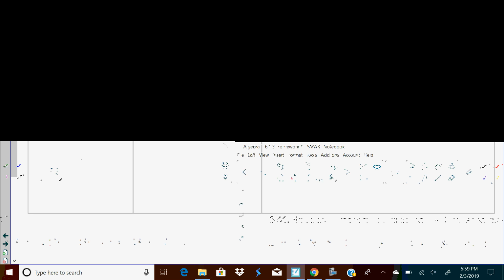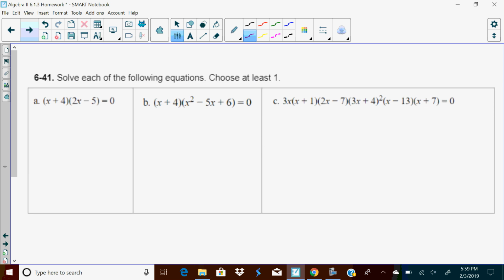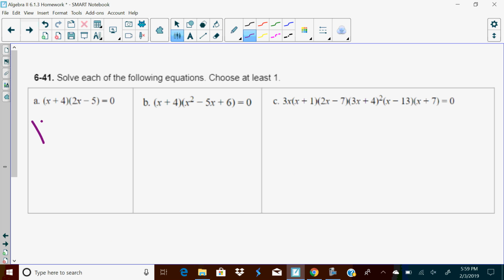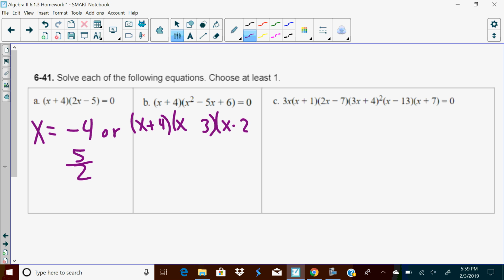Solve each of the equations. The first one, I'm just going to solve for it being equal to 0. So I get x equals negative 4 or 5 over 2. For b, I have to factor the second one. So I have x plus 4, and I'm going to have x, 3 and 2 minus minus.